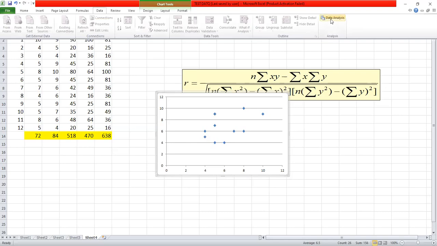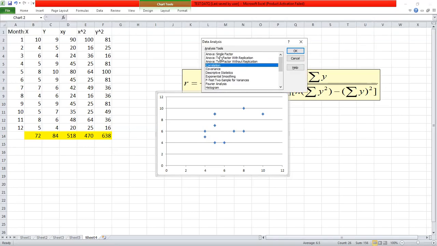Do you have this? Yes. So if you have it, then you have this. No, I don't have that. Sorry, I think my Excel is a different version. No, it cannot be a different version. You need to activate the Data Analysis option.